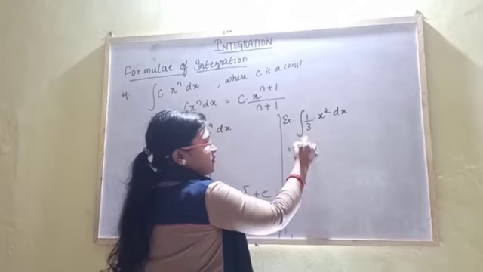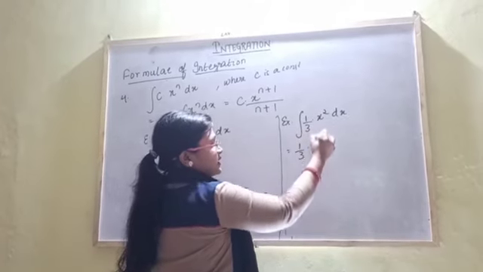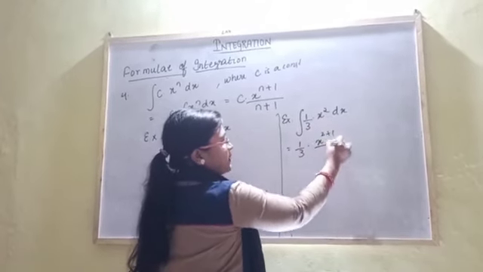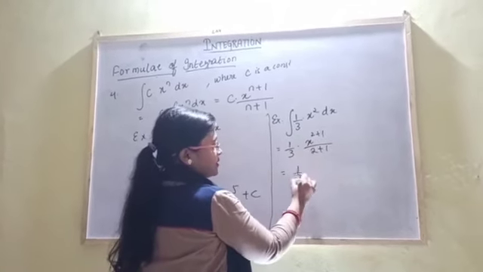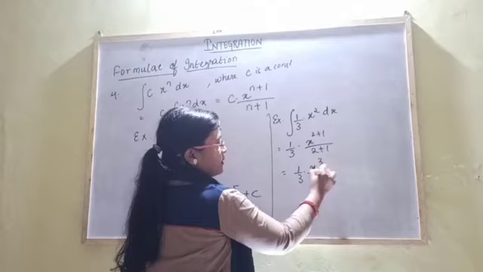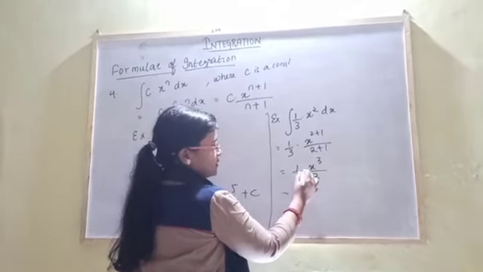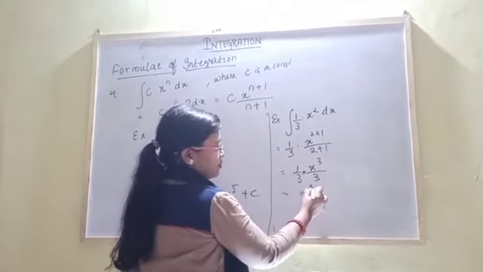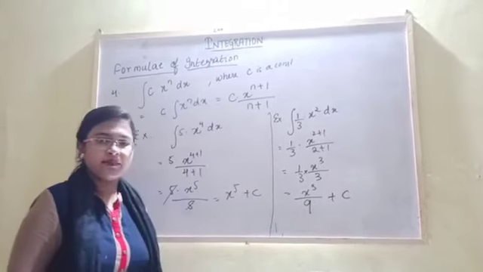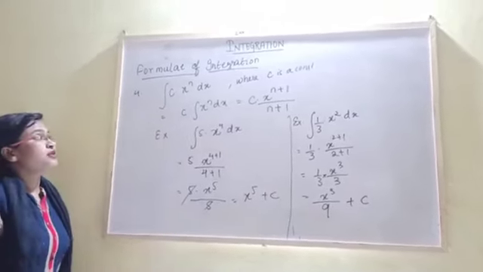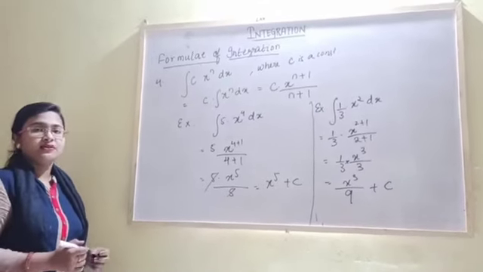Simple: take 1 by 3 out, and x square becomes x to the power 2 plus 1 by 2 plus 1. That is 1 by 3 times x cube by 3, so the 3s multiply, giving x cube by 9 plus c. Clear? So note it down and we will move towards the fifth formula.